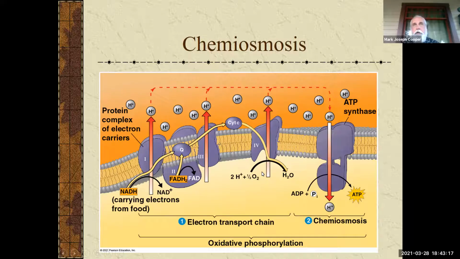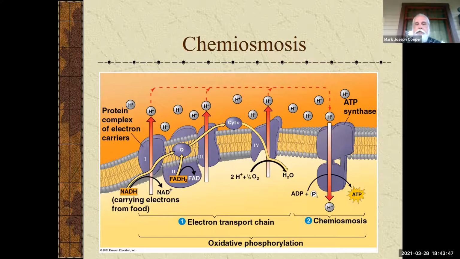Oxygen molecules are very negative. They love electrons. And so the reason that the electrons travel down this electron transport chain is because they are attracted to oxygen. The reason they are driven in chemiosmosis on the other one is because of light.